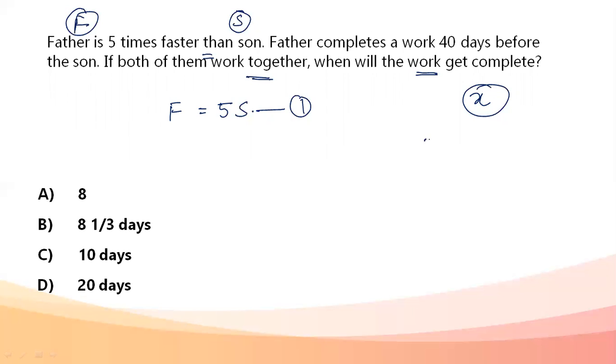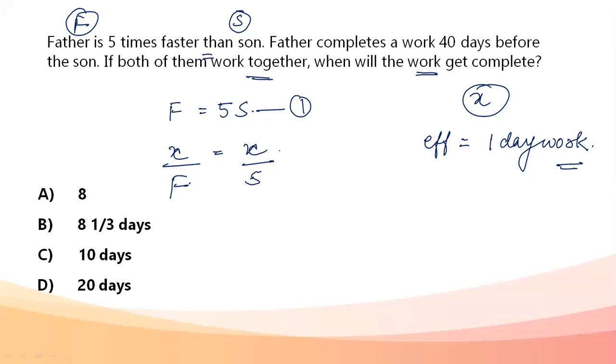I know efficiency of a person is that person's 1 day work. So X upon F is how much time father takes, equals X upon S, how much time son takes, minus 40, because father completes a work 40 days before the son does.